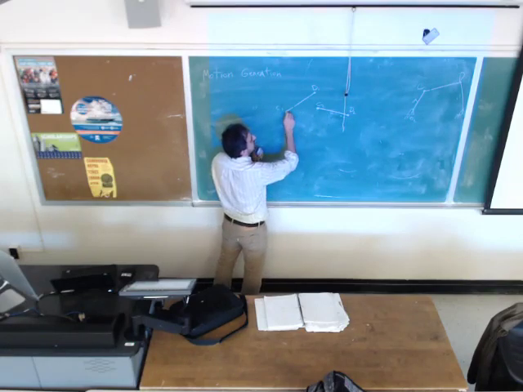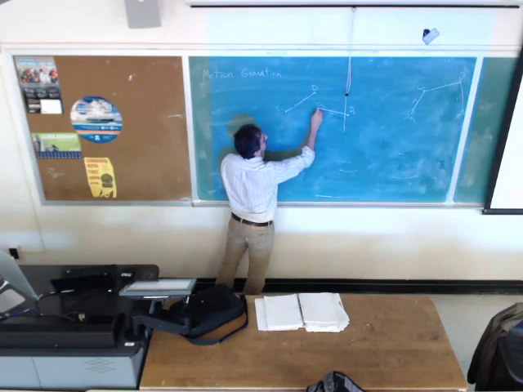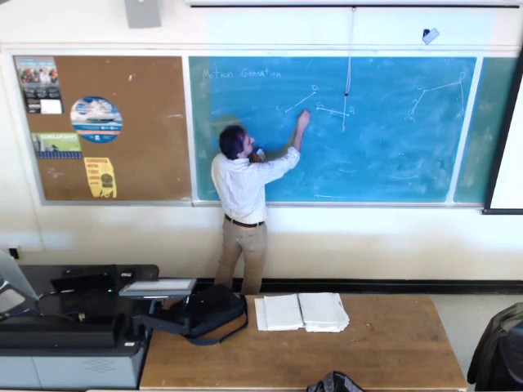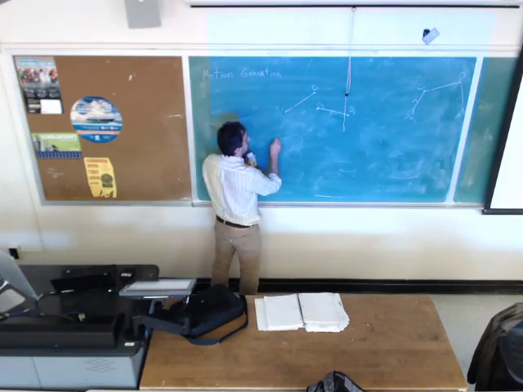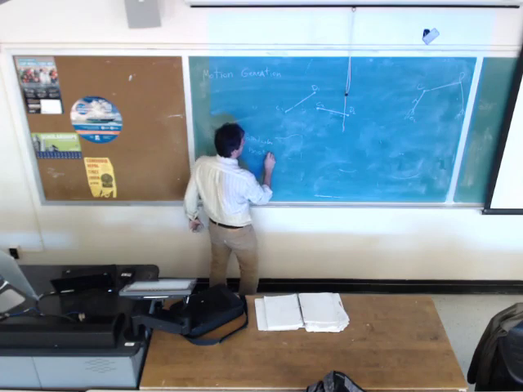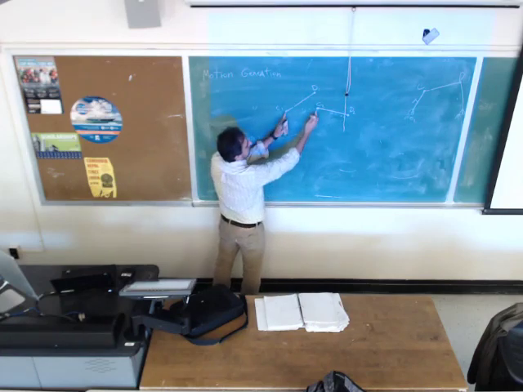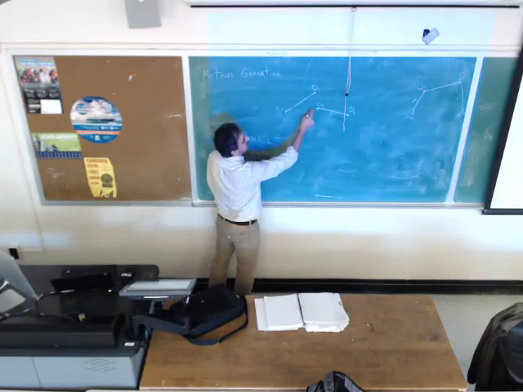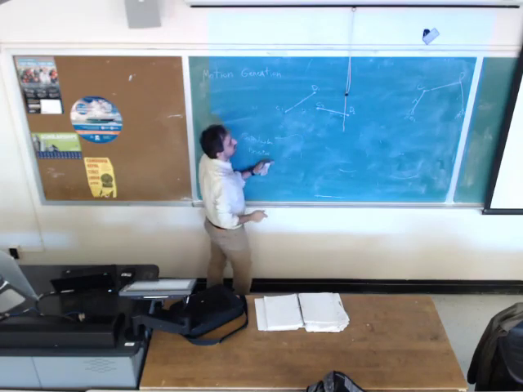So if I connect these 2 points and draw the perpendicular bisector of C1, C2. So this line is the perpendicular bisector of C1, C2, perpendicular to C1, C2, and passing through the middle of the C1, C2.